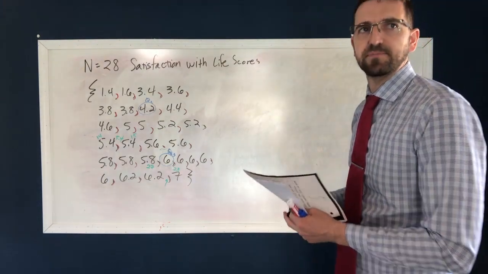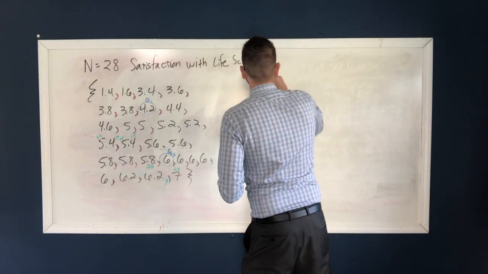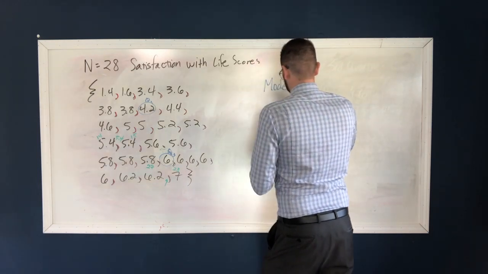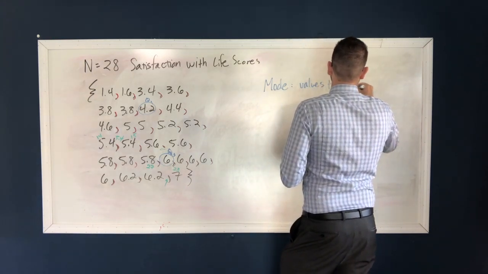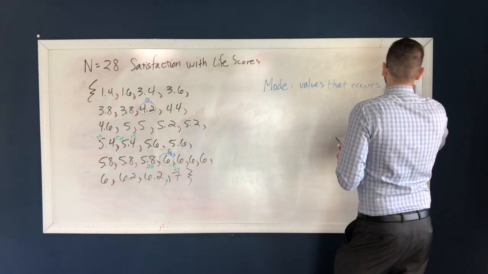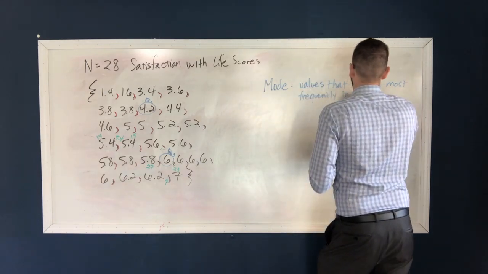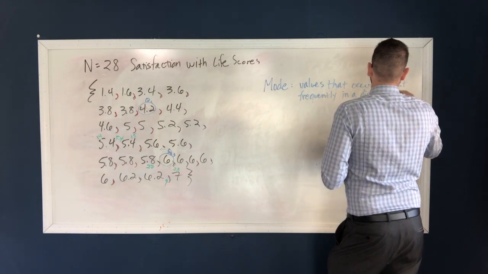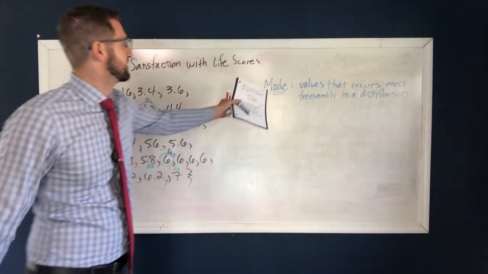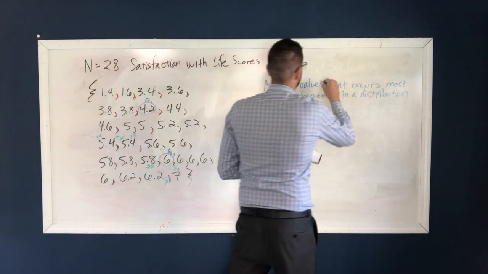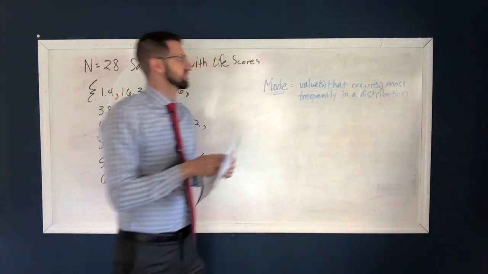Okay, our next concept is the mode. Okay, the mode is simply the value, well, it could be value or values that occur most frequently in a distribution of data.